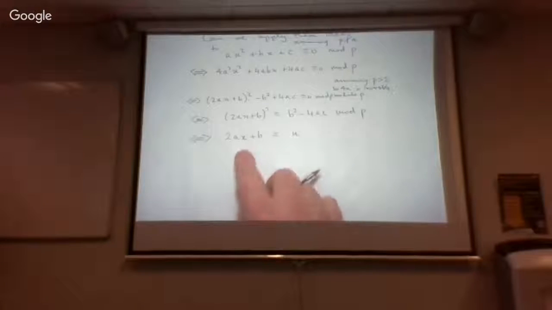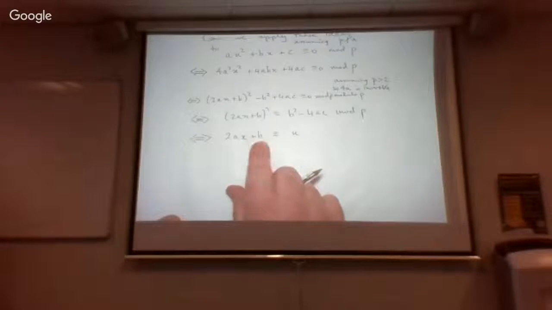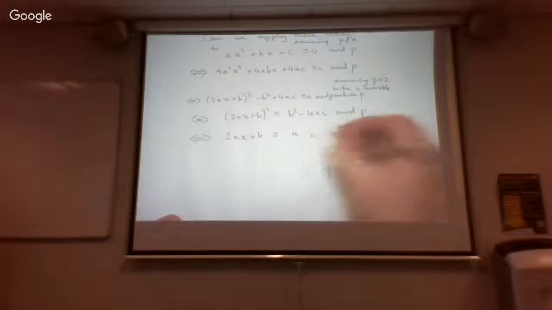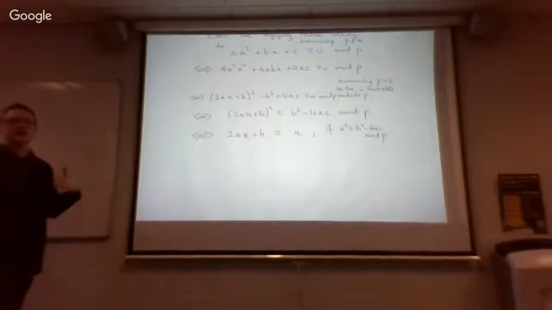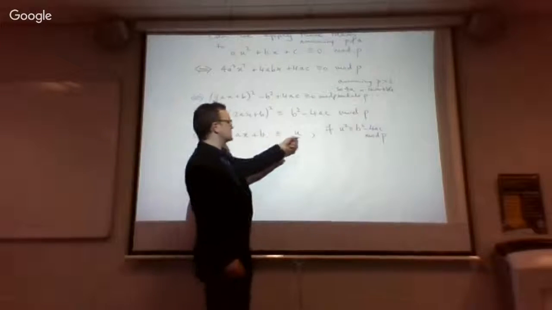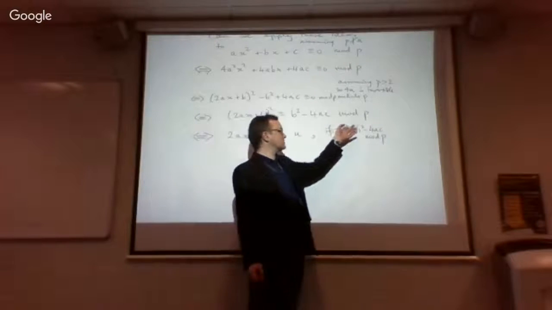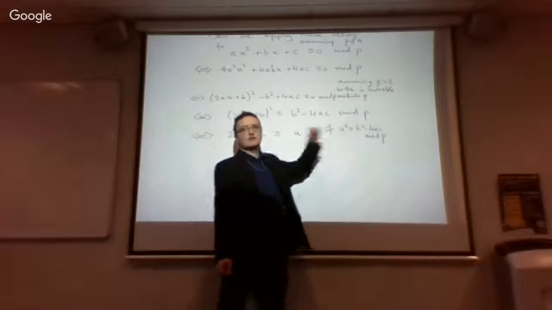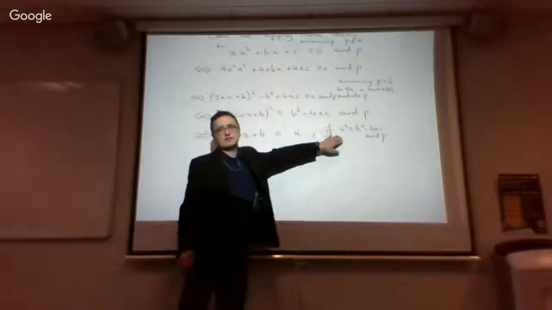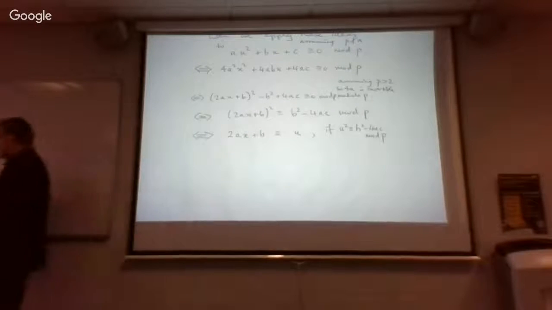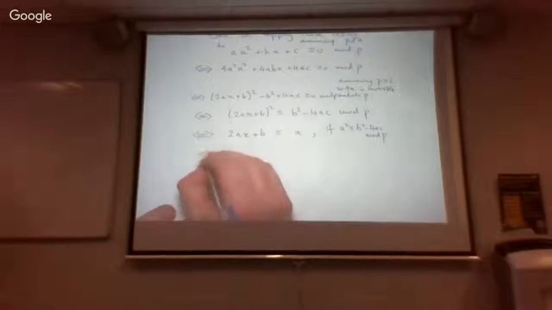So I'm going to say that 2ax plus b is congruent to u if u squared is congruent to b squared minus 4ac modulo p. So instead of writing the square root of b squared minus 4ac, I'll say it's equal to this congruence class, the congruence class of u, provided when you square u, you get b squared minus 4ac. So there's a condition attached to this.